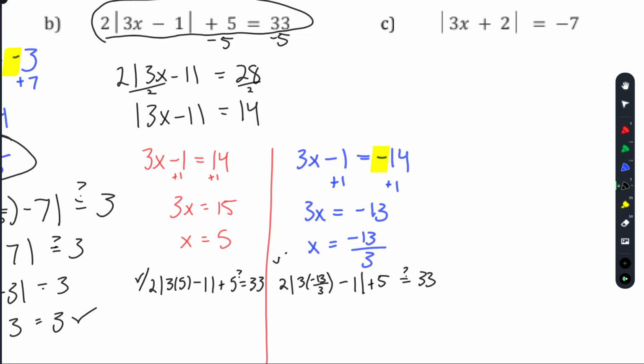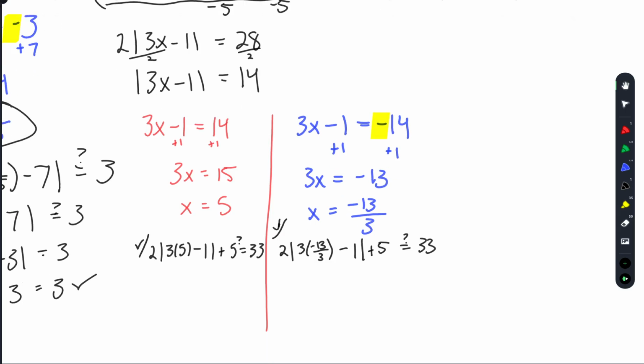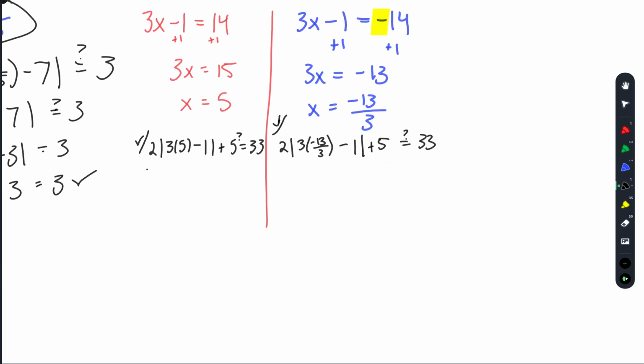I put the little question mark above the equal sign because I'm not positive. And now you're going to simplify that out. So we get 2, and then 15 minus 1 plus 5. So that'd be 2 absolute value 14 plus 5. 28 plus 5. Okay, yeah, that one works.